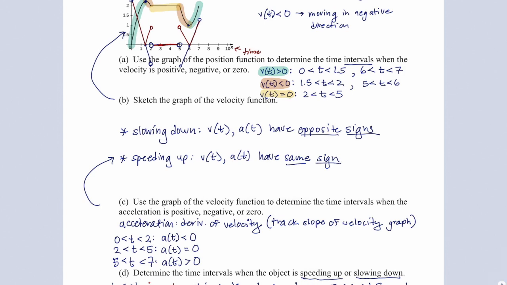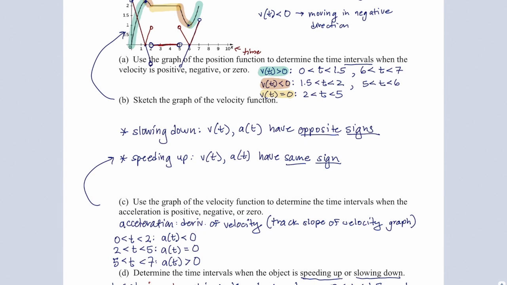So for example, maybe the particle has a positive velocity and acceleration is positive. So it's already moving in the positive direction and moving in the positive direction at a faster rate. Or maybe the object is moving in the negative direction. So maybe it's moving at negative 5 feet per second.